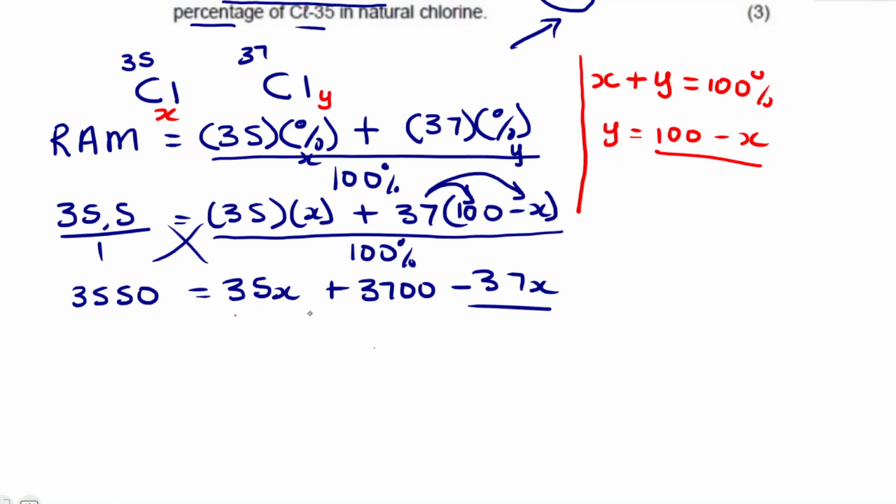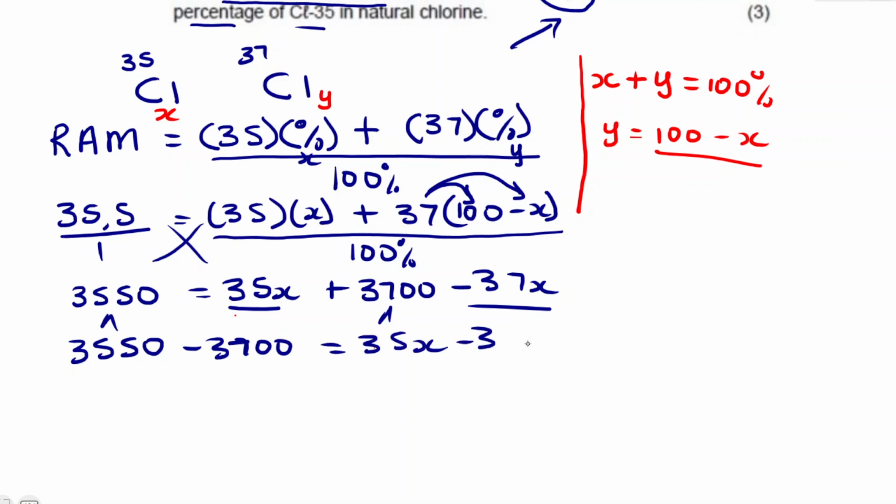So we can see that this one and this one are your like terms. This one and this one are your like terms. So let me take the 3,700 to the left. So I have 3,550 minus 3,700. Then on the right, I have 35X minus 37X.